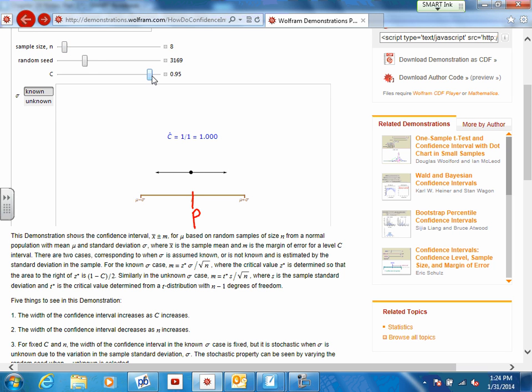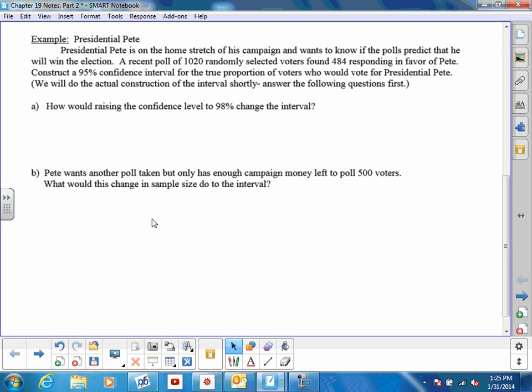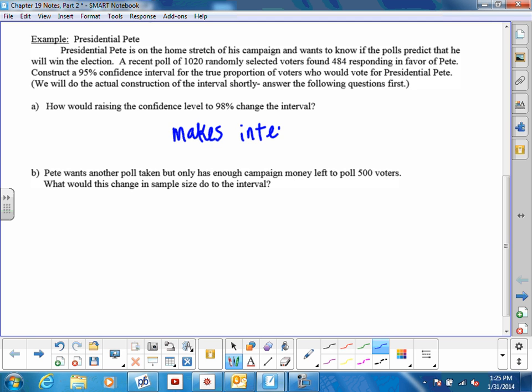Here we go, 95% to 98%. Okay, that's going to increase the accuracy, I guess, of your interval. Okay, so next question. Oh, wait, let's write our answer down. So it makes the interval bigger.